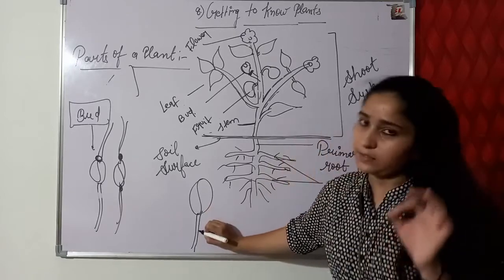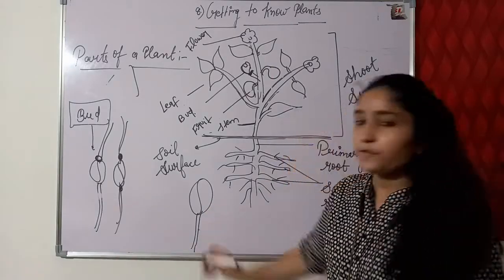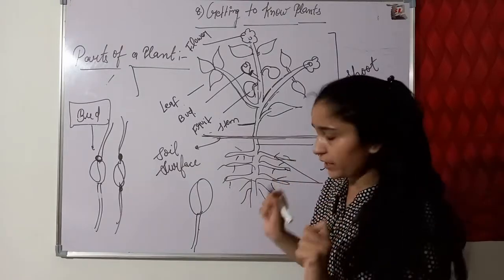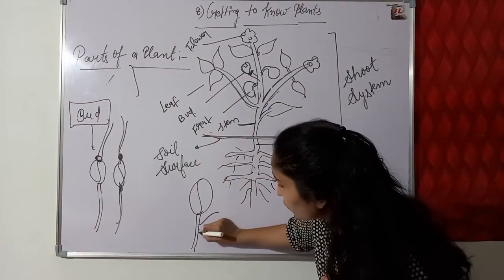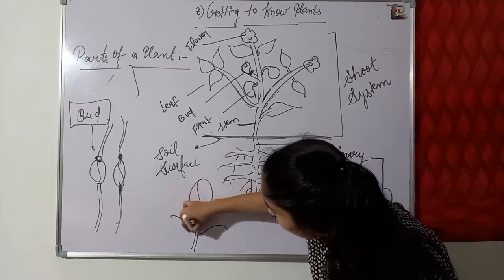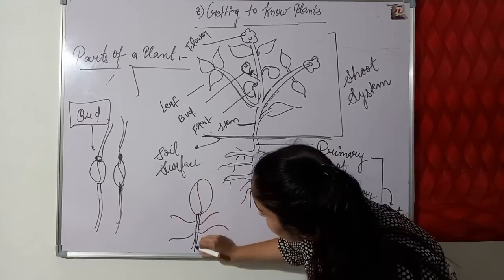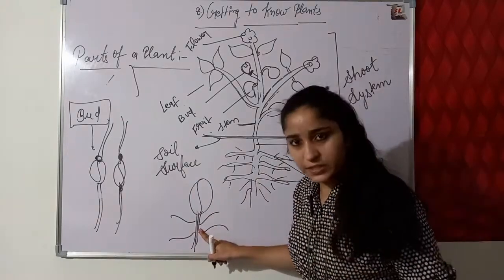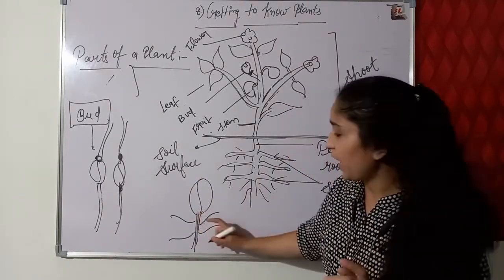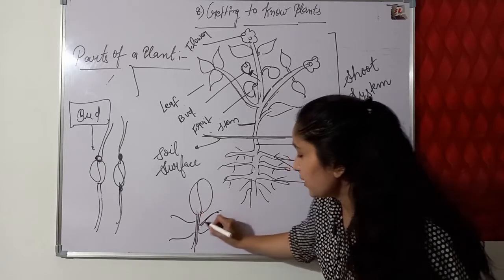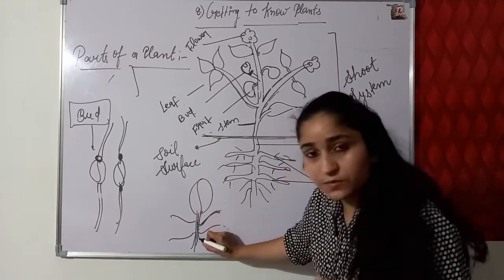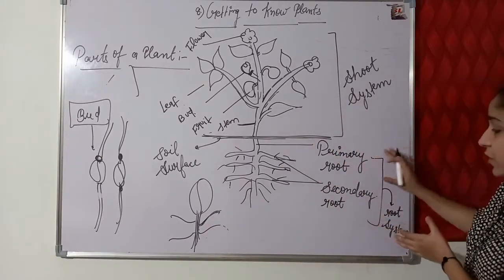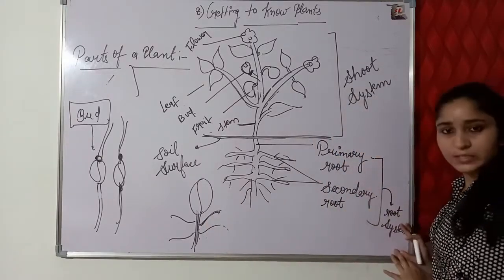Suppose this is the primary root, and from the primary root secondary branches of roots also arise. So secondary roots are formed from the region of the primary root. This is the primary root because it arises first from the seed part, and the roots which arise from the primary root we call secondary roots. So these two types of roots, primary roots and secondary roots, form the root system.